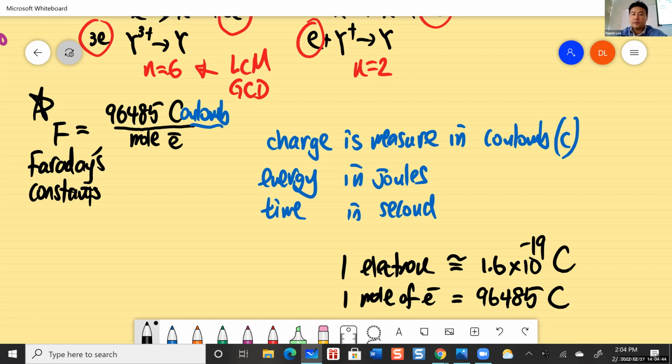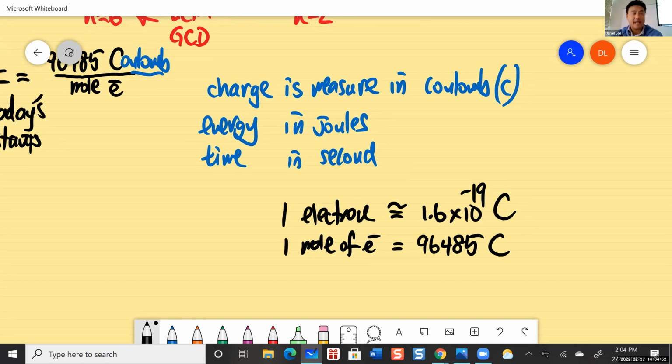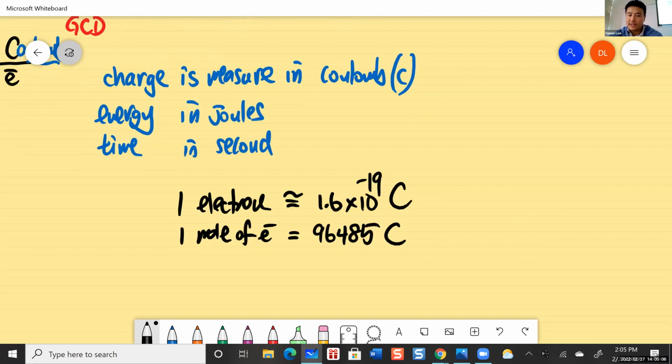This is what we call electron charge carriers. One mole times Avogadro's number, that's how you get Faraday's constant. Faraday's constant tells you that in 1 mole of electrons, you have 96,485 coulombs. So electrons are charge carriers.